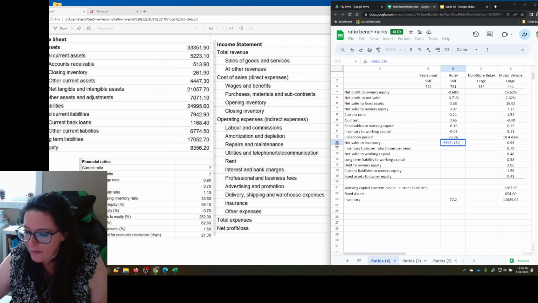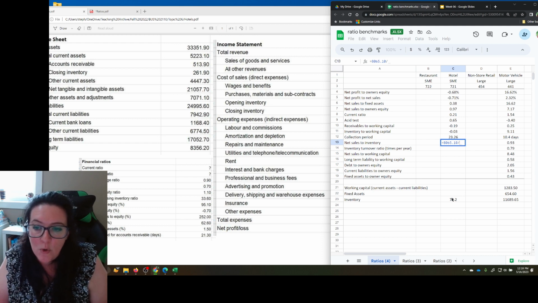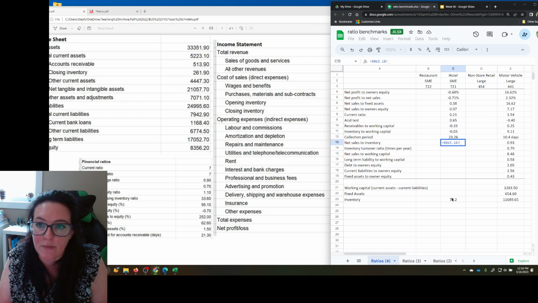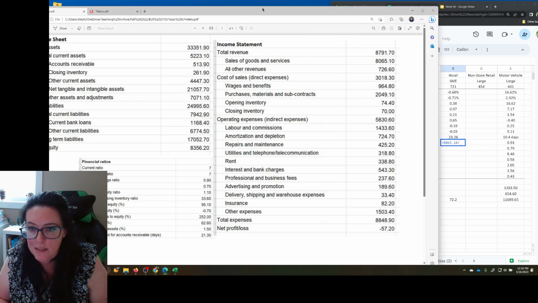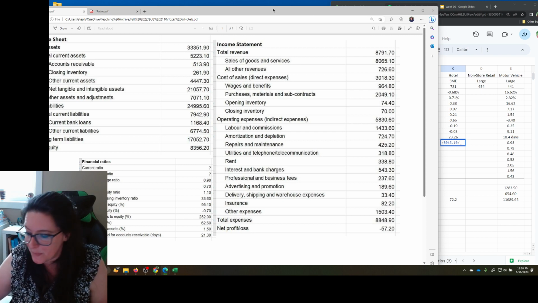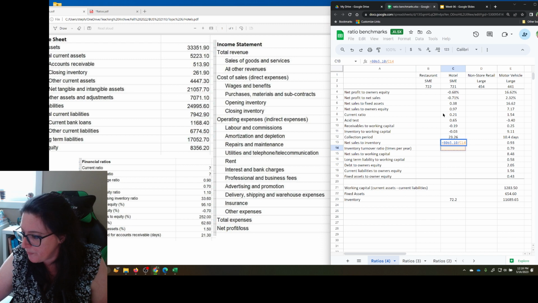And then we are dividing that by our inventory. And so again, here we are doing inventory is calculated as opening inventory plus closing inventory divided by 2. So we're taking an average of that. And we can see here that 74.4 and 70, the average of those two halfway in between is 72.2. So we divide by 72.2.